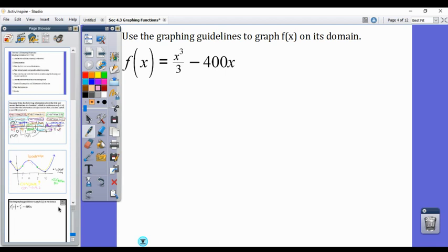Okay, so we're going to run through our guidelines. So first, we need to figure out what the domain is.